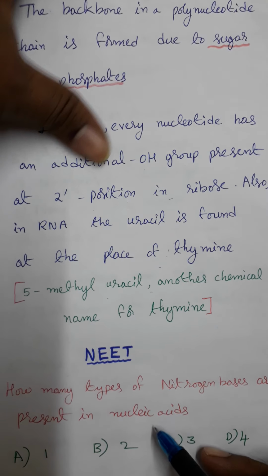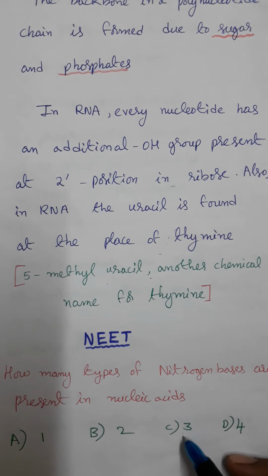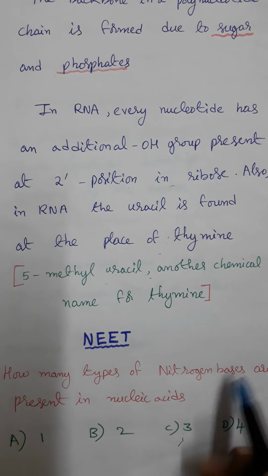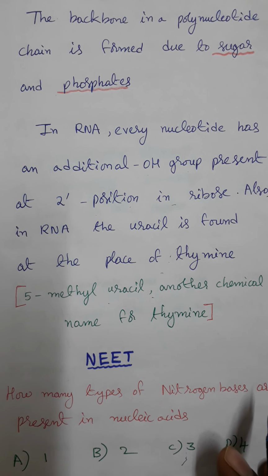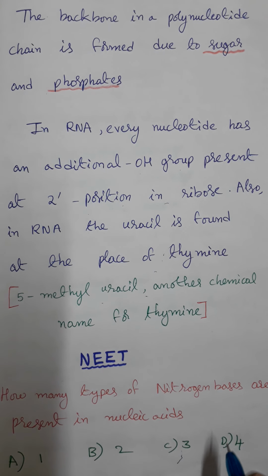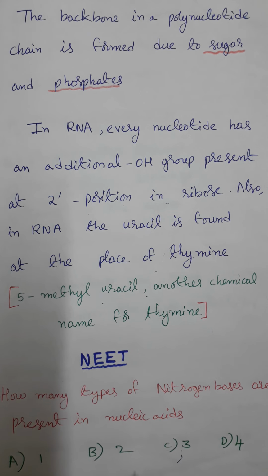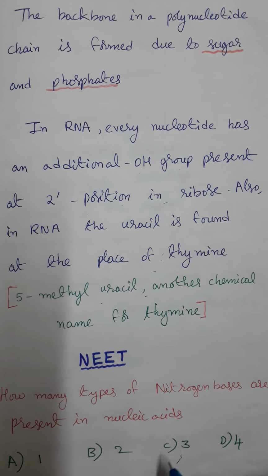How many types of nitrogen bases are present in nucleic acids? From this concept, regarding NEET related questions, a few questions we will discuss here. How many types of nitrogen bases are present in nucleic acids?